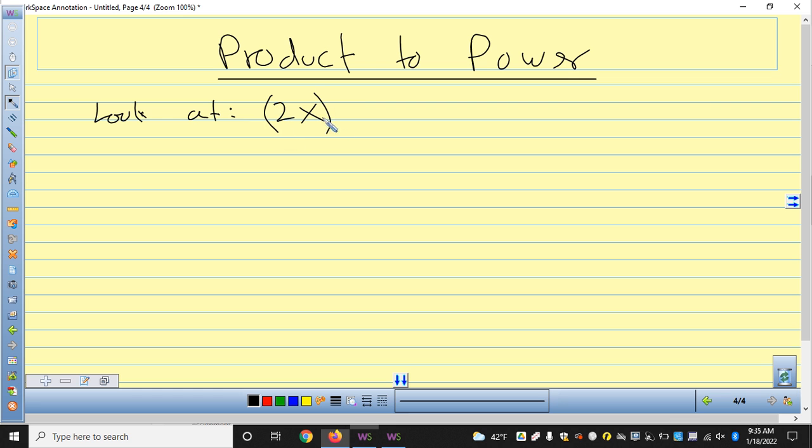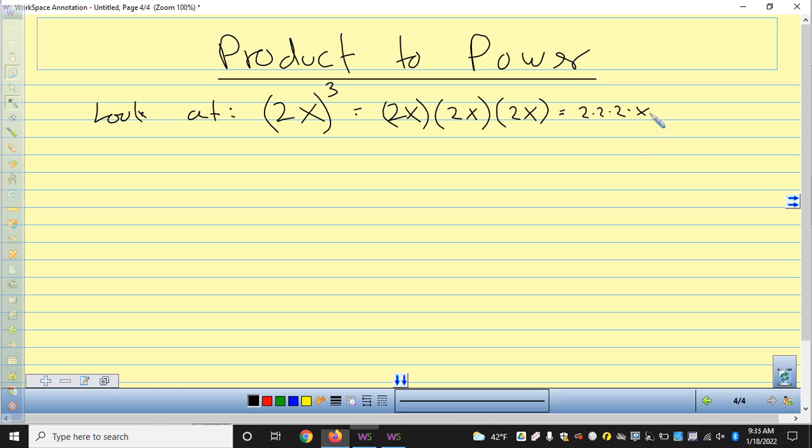So 2x to the third power. We're going to remember that 2x to the third power means 2x times itself 3 times. Well, that's 2x times 2x times 2x. And I can group the numbers and the variables together. So this is 2 times 2 times 2 times x times x times x.